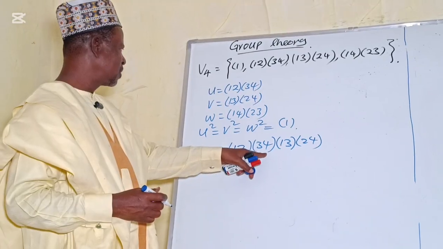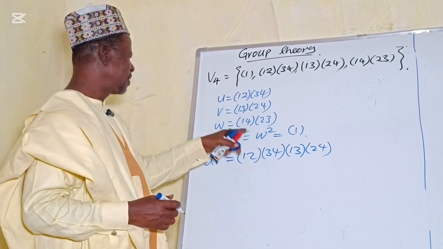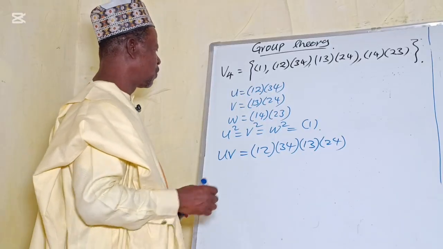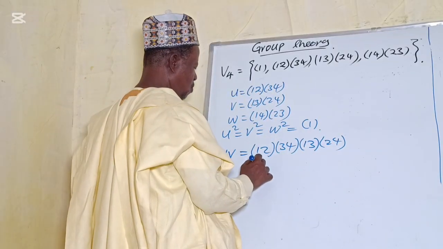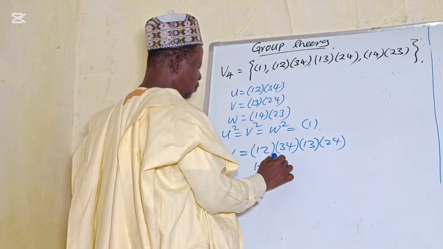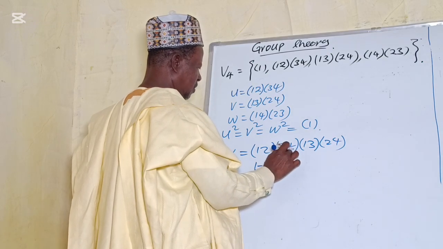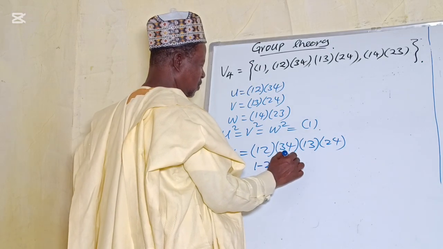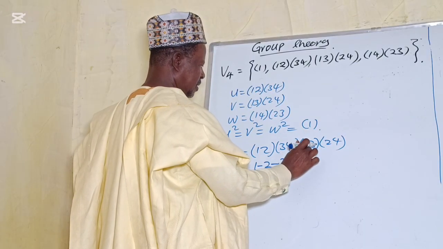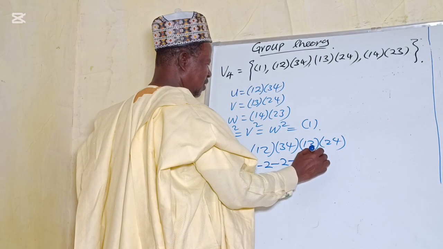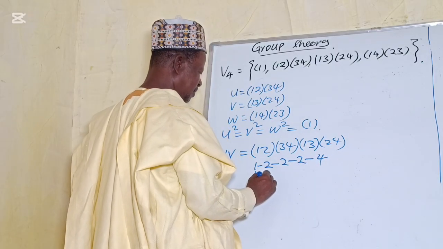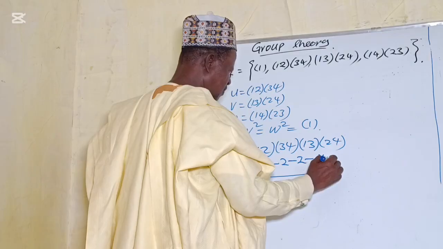So let us try to see the computations involving U times V. U is (1 2)(3 4), times V, which is (1 3)(2 4). So 1 is mapped onto 2 in the first cycle. 2 is fixed in the second cycle. 2 is also fixed in the third cycle, but 2 is mapped to 4 in the first cycle. So ultimately 1 is mapped onto 4.